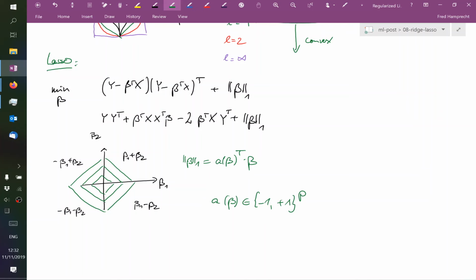But the important thing is that in each of these 4 quadrants it is just a plane.